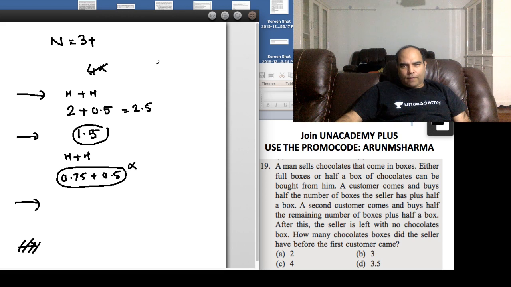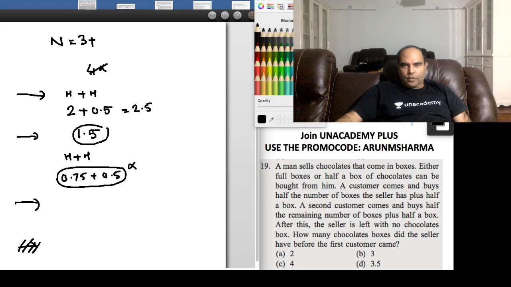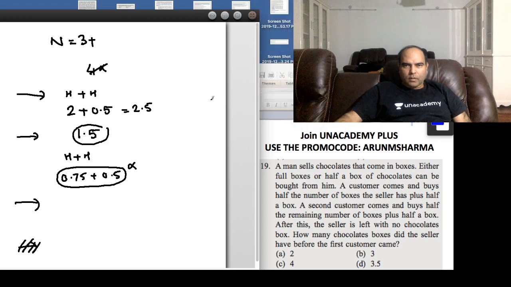What if you thought with 5 boxes? What if you try to do the same thought with 5 boxes? With 5 boxes, using the half plus half logic, the first customer will pick up 2.5 plus 0.5. So the first customer is picking up 3. The seller is going to be left with 2 boxes.